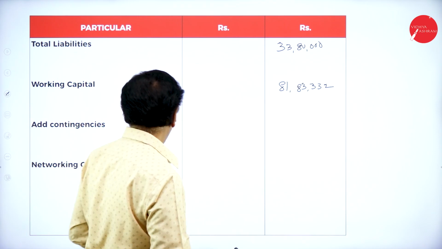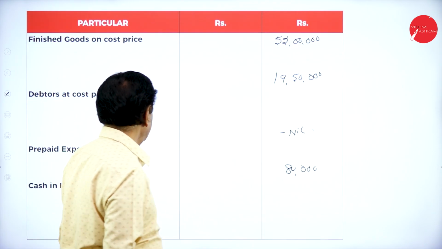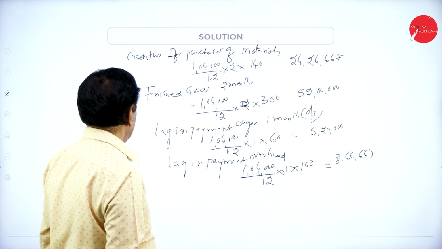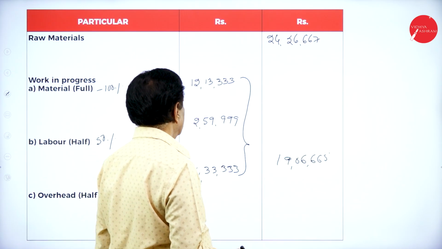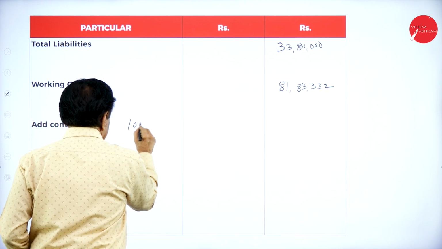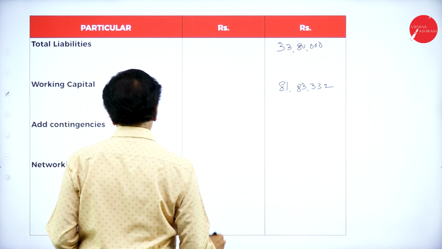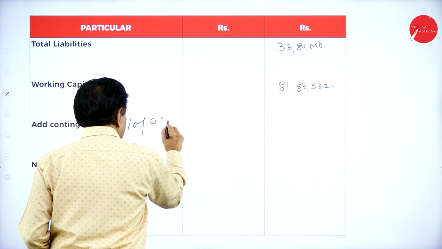Add contingency. What's the percentage? Contingency percentage. Safety margin 10% on working capital.